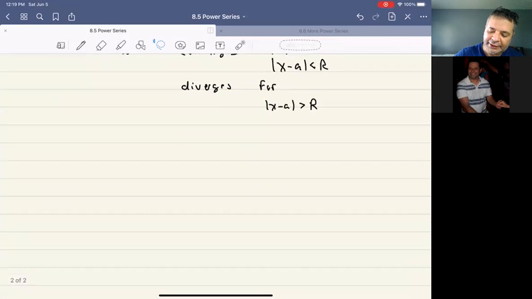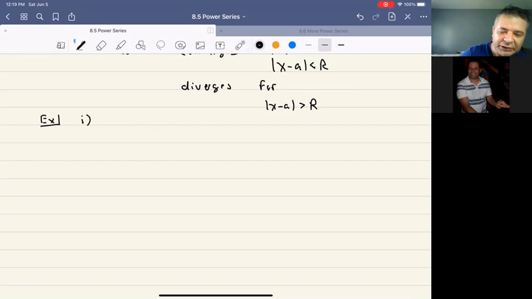So let's take a look at one that never converges, only at x equals a. Okay, and actually it's funny, this one's related to the second example as well. So let's take a look at the sum, n goes from 0 to infinity, n factorial x to the n.